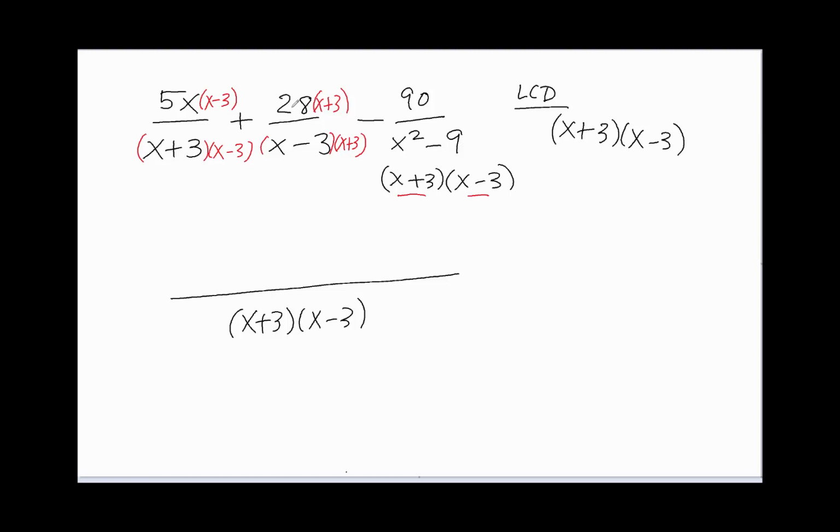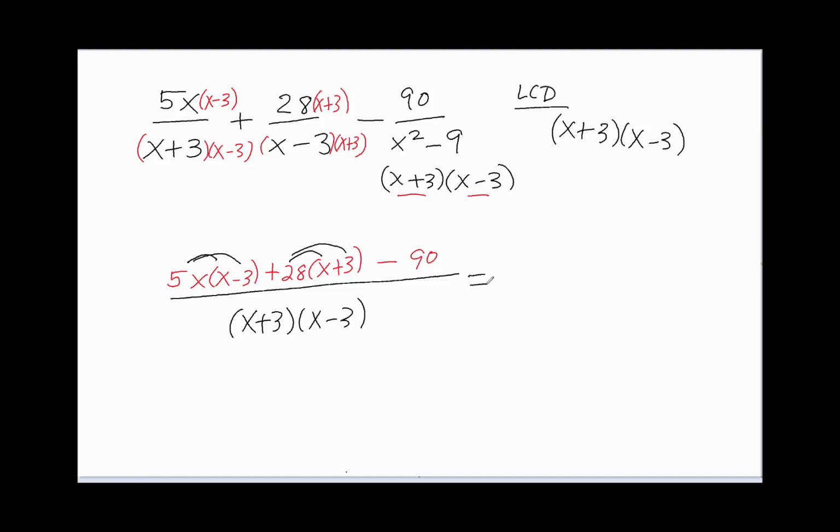Now all I need to do is combine my numerators and write them over this LCD. So I've got a 5x times (x minus 3), plus 28 times (x plus 3), and minus 90. So I'm going to have to distribute in both of these and then combine like terms.